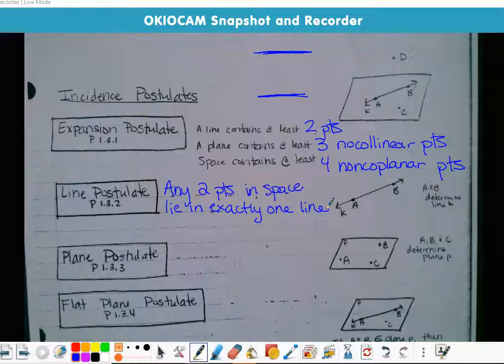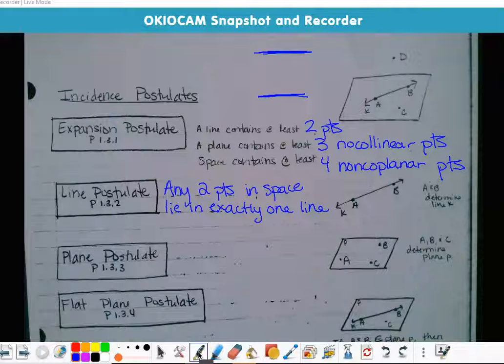Exactly one means one and only one. So if I was looking back up here at this plane, I could connect A and C with one and only one line. If I wanted to connect B and C, it would give me one and only one line. I couldn't draw multiple lines through there. Does that make sense? Okay, so that's what the line postulate tells us.